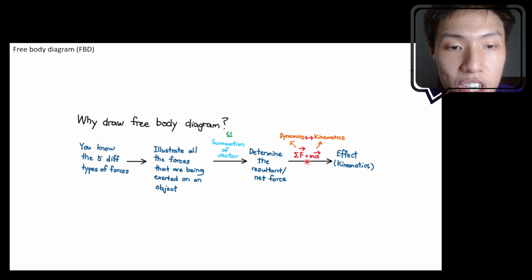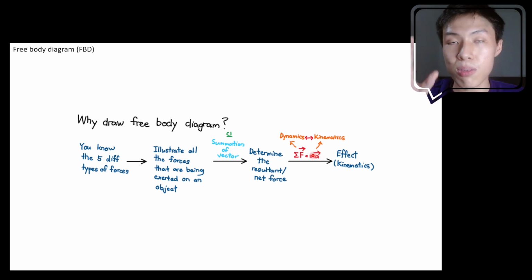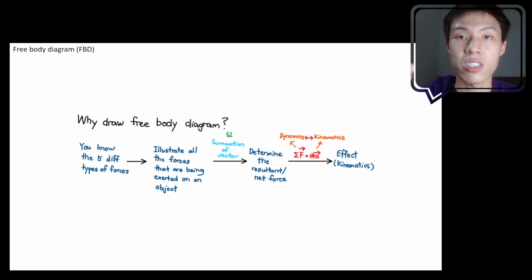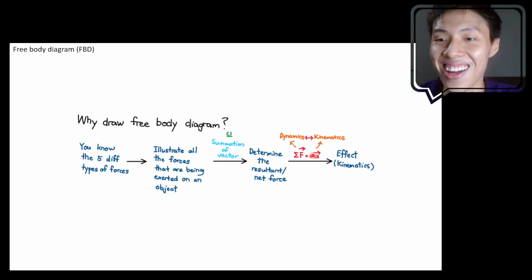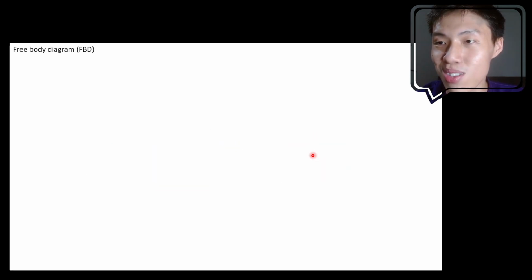So this equation is very important because it relates cause and effect, the dynamics part of physics and the kinematics part of physics. I think this is one of the most important equations for our study of motion.